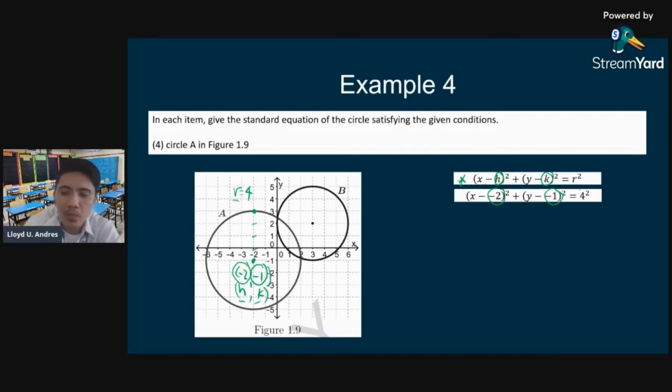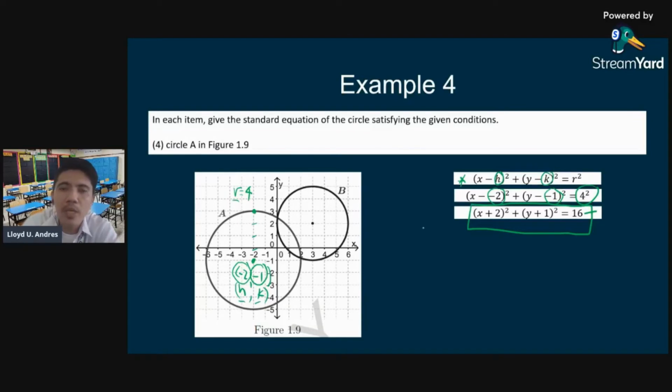Next, we simplify. x minus negative 2 is just x plus 2, and y minus negative 1 is just y plus 1, and 4 squared is 16. So our final answer is this one.